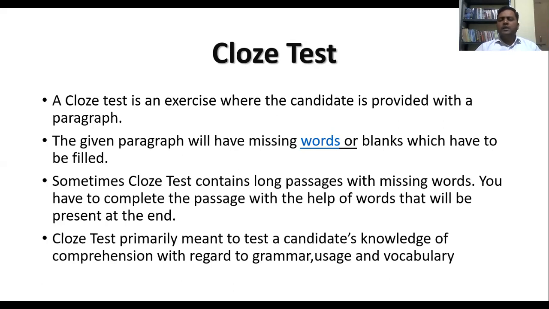Sometimes the closed test may have long passages with the answers in brackets at the end. From those answers, you must pick the appropriate answer to fill that blank. You have to complete the passage with the help of words that will be present at the end.